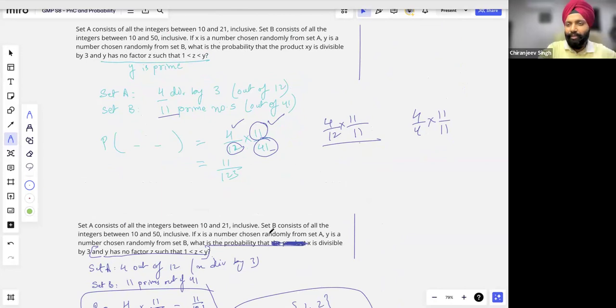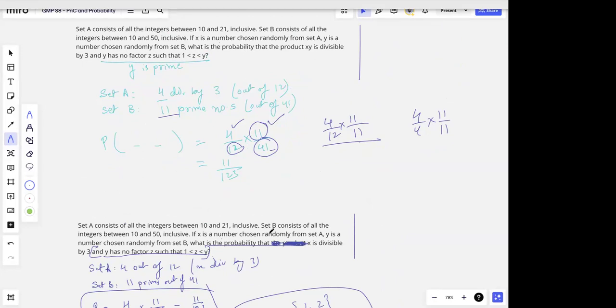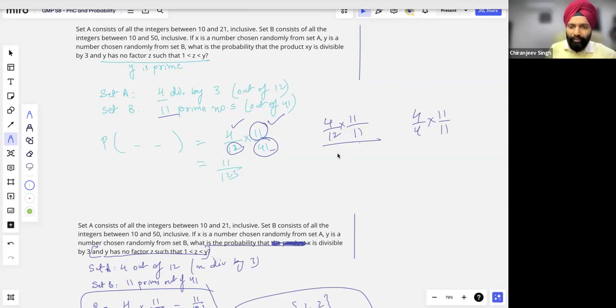If X is divisible by 3, then X into Y will always be divisible by 3, no? Why is it different?